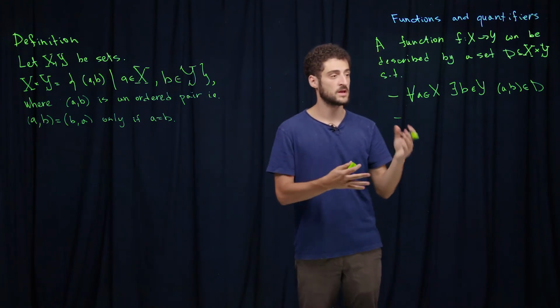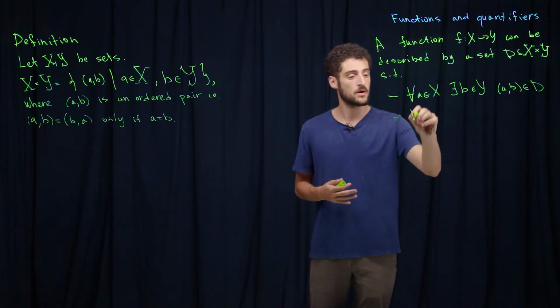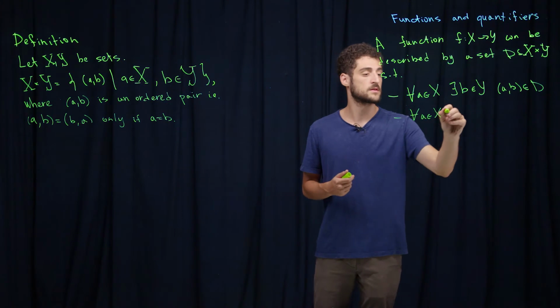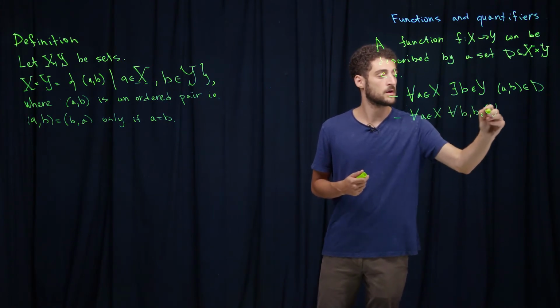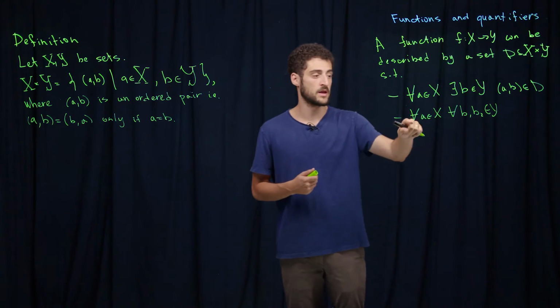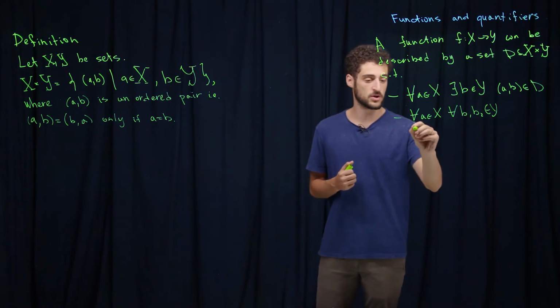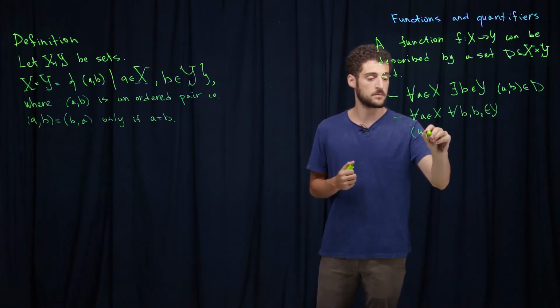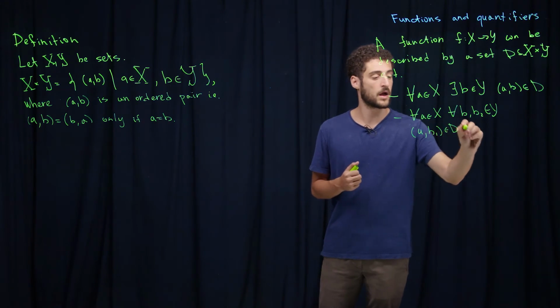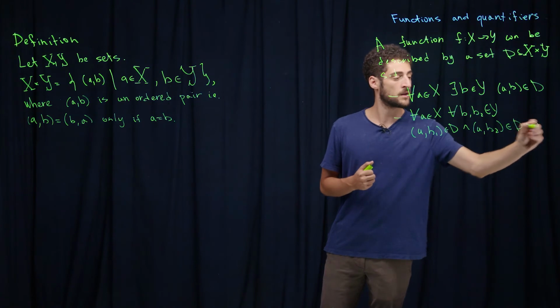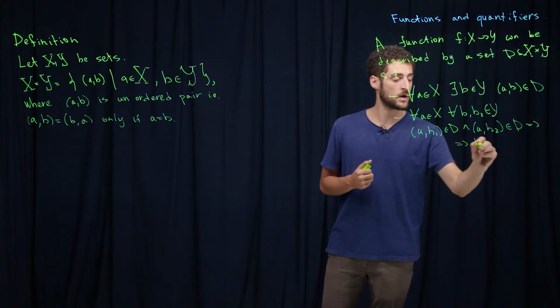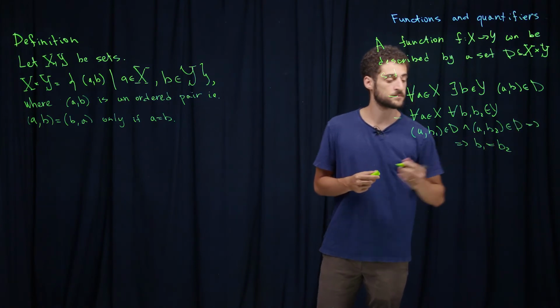And we need to say that this b is unique. So for every a from x and b1 and b2 from y, if both of them are assigned to a, then they should be equal to each other. So if a and b1 belongs to D and a and b2 belongs to D, then b1 is equal to b2.